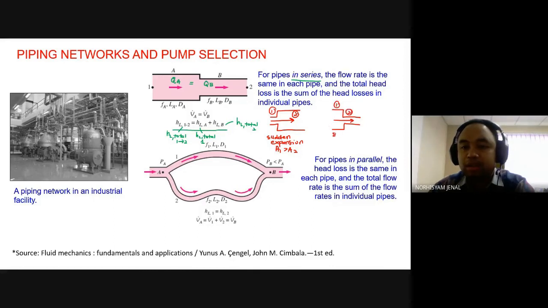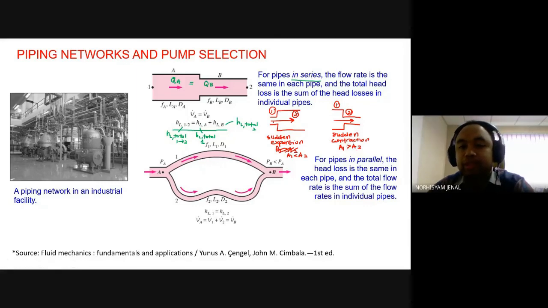This is called sudden contraction. For this, A1 should be higher than A2. Sorry, for the sudden expansion, A1 should be lower than A2. For the sudden contraction, A1 should be higher than A2.